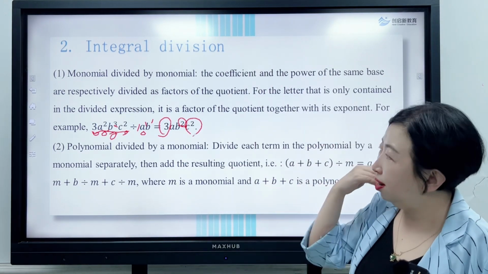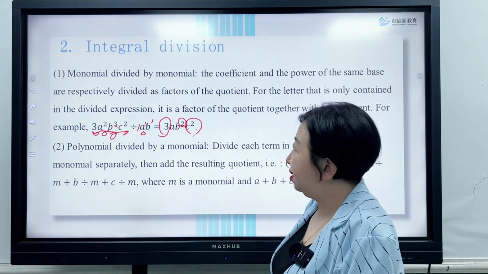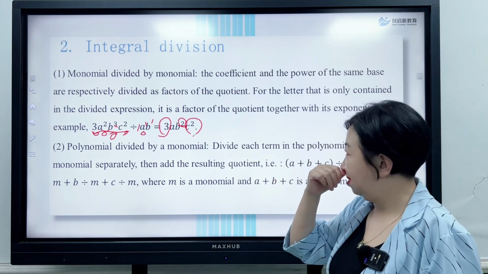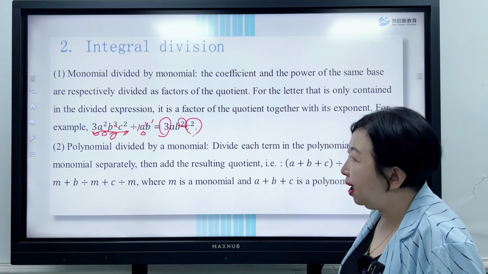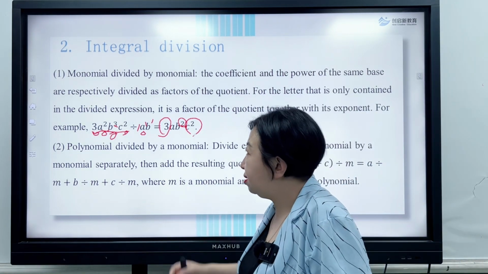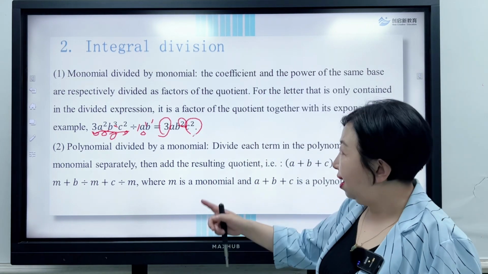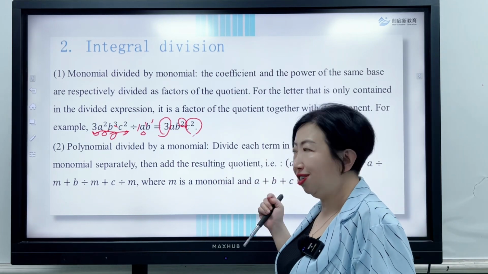Part 2, the polynomial divided by a monomial. Divide each term of the polynomial by the monomial separately, then add the resulting quotients.